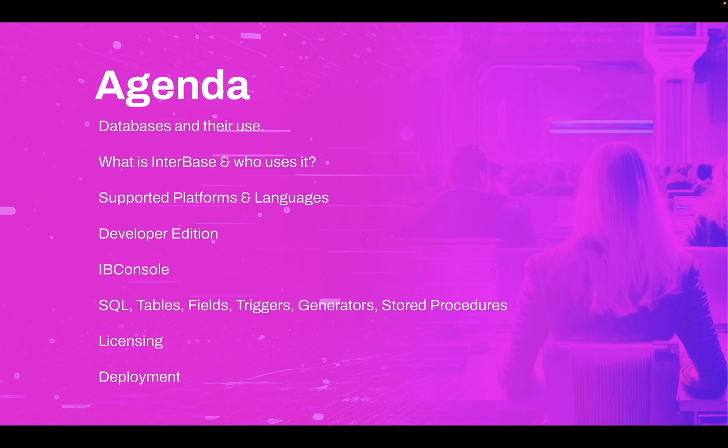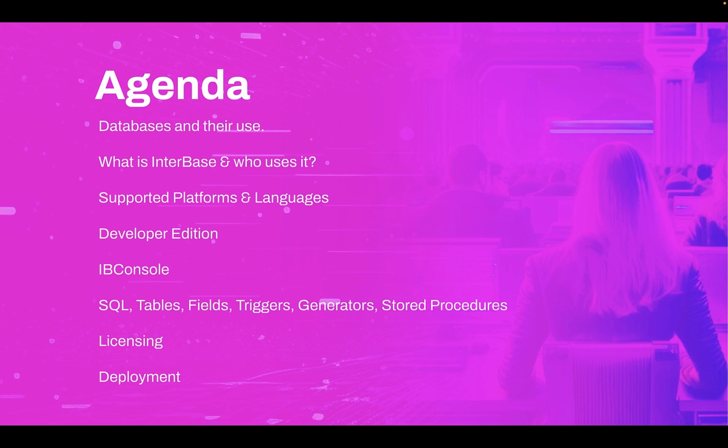We'll cover the supported platforms and languages that InterBase provides for. Now, we're not going to dive into every single one here. That's a session in itself. But it's really just to give you the idea that, wherever you're developing, whichever way your company is working, there's support there to help you with using InterBase.